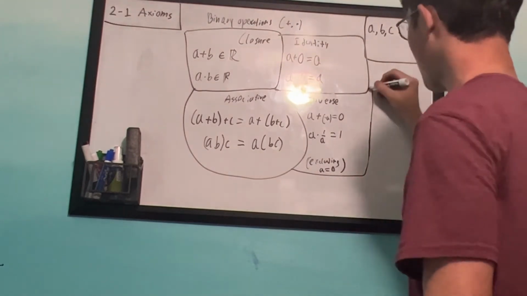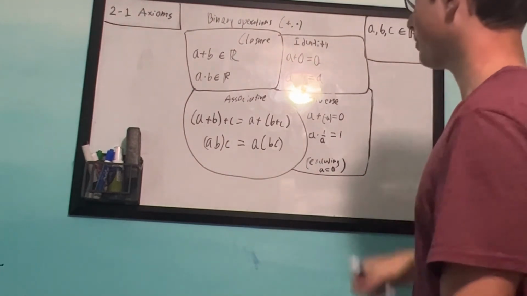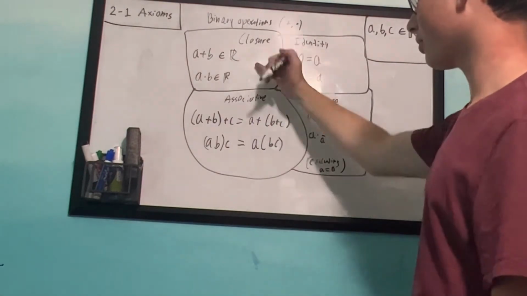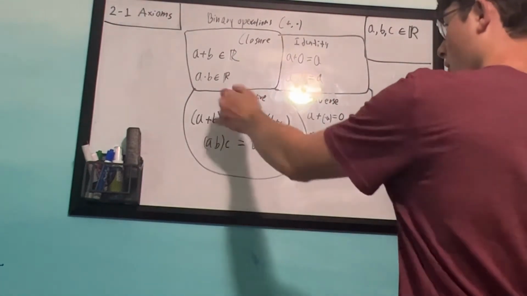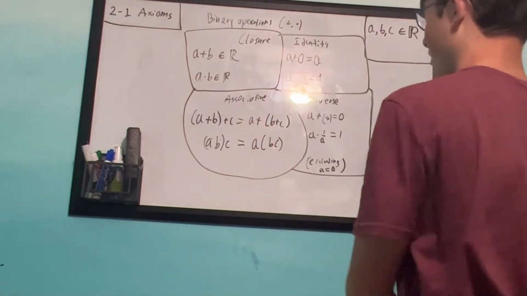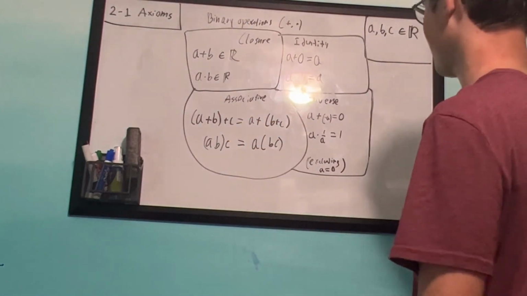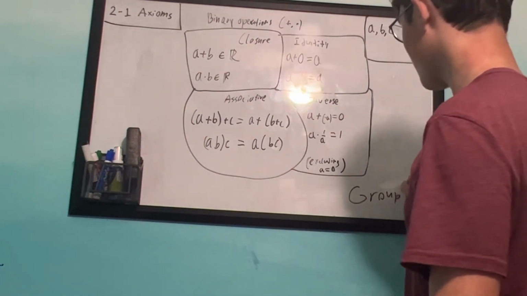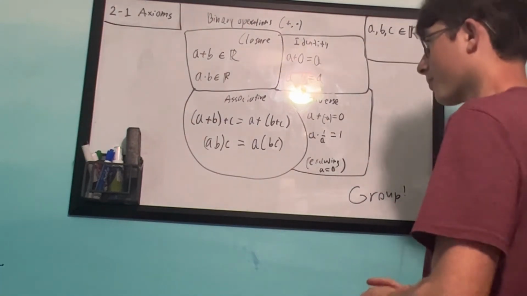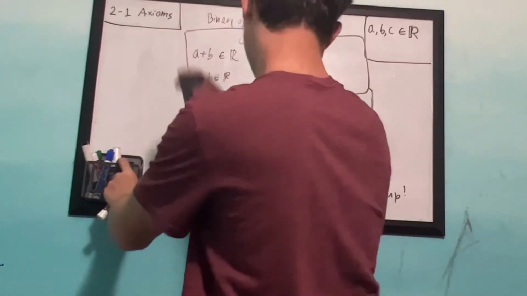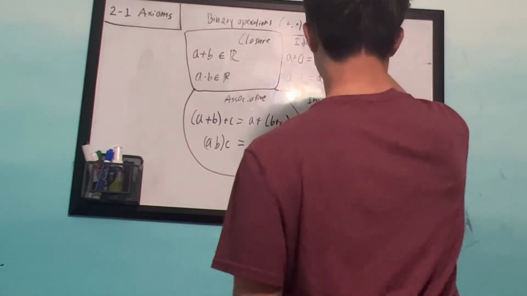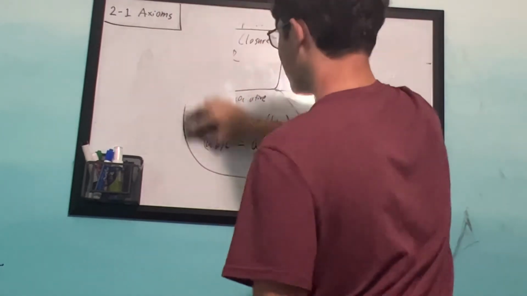But if you have a set of numbers that fits all these requirements, which the real numbers do, they're closed, they are associative, they have an identity element, and they have inverse elements, then you call that a group. Yay. Alright. And then there's things that you can go on that are slightly more specific than having a group. I'll just erase all this stuff.